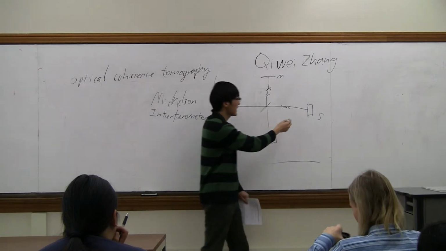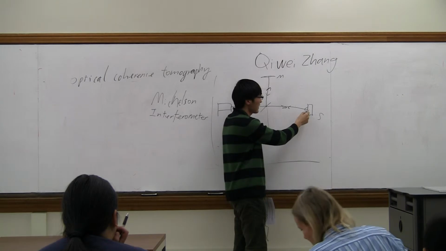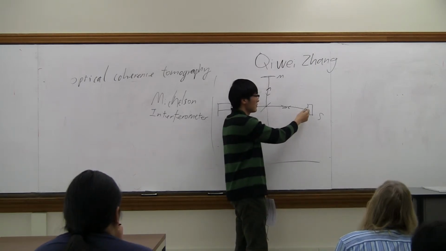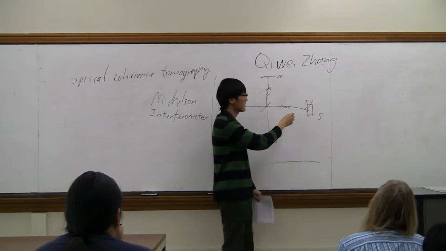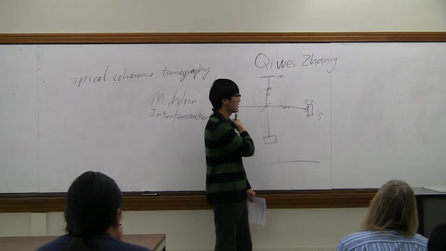So the light is there. Most light there is not reflected, but scattered off at large angles.